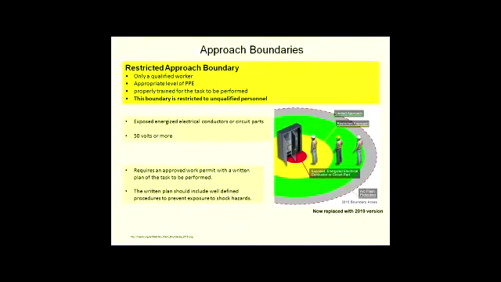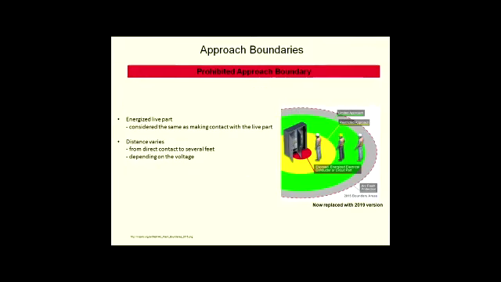All right, now let's move to the red area here. And this is again the 2015 boundary areas, now replaced with the 2019 version. We're going to take a look at the next set of slides. Now, prohibited approach boundary, energized live part.